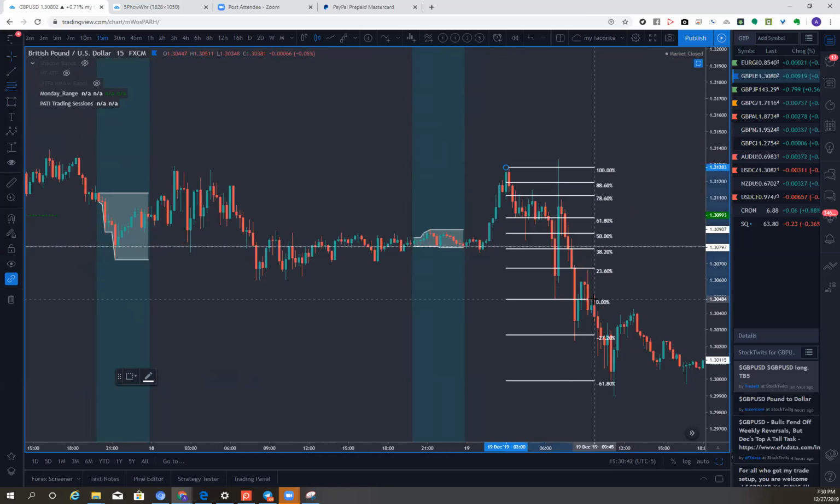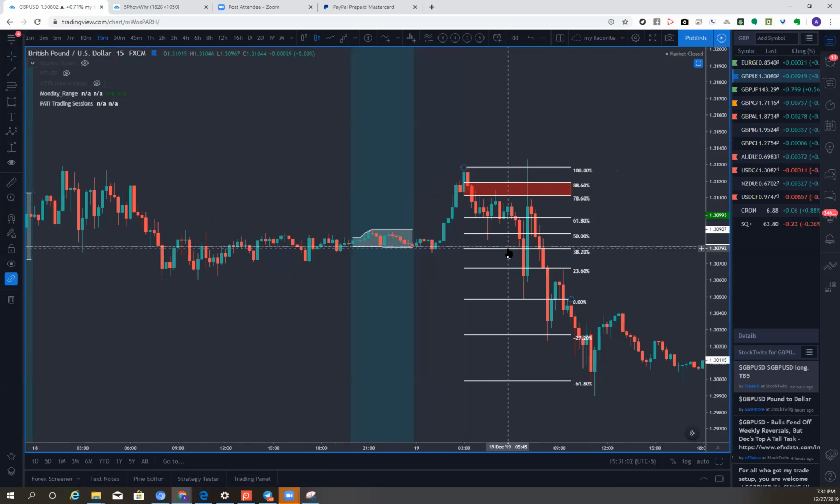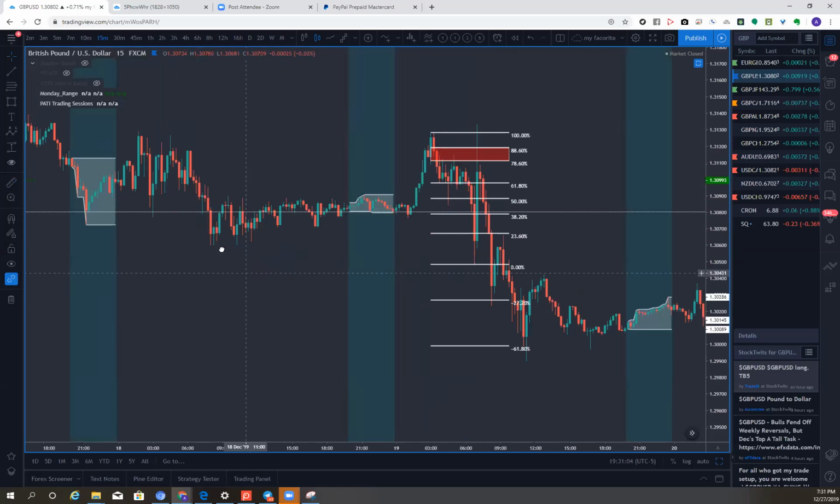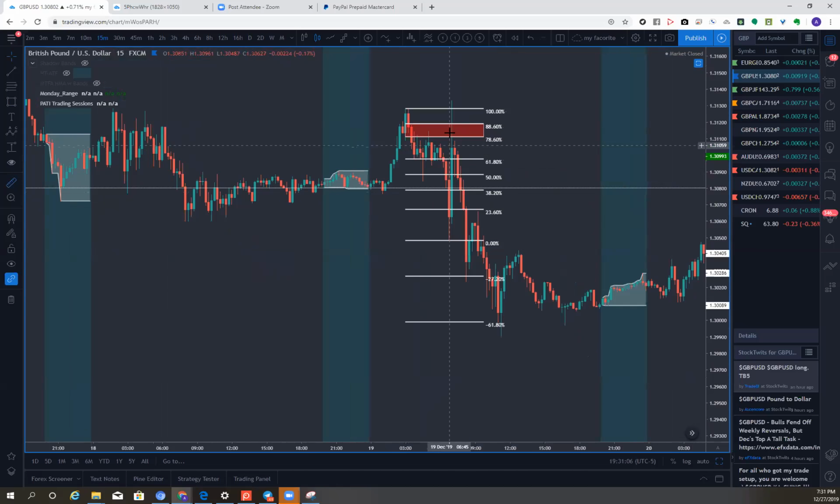You could take this from the high, the A to B, and they typically engineer liquidity right up in here, 886, 786. You would have been wicked in for a potential 119 pip move.